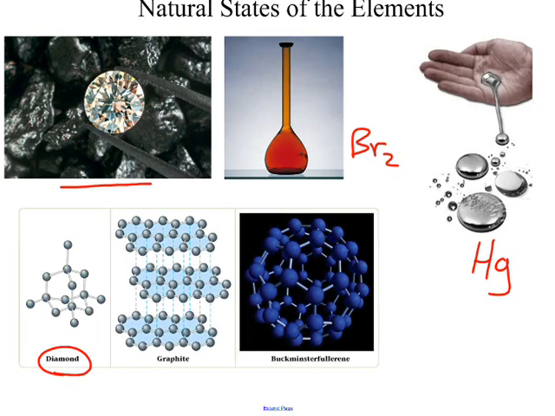Now, that picture there shows the way the atoms of carbon are bonded together to make a diamond. Right next to it, we have a picture of how the atoms are bonded together to make graphite. So again, same type of atoms, carbon atoms, but the way that they're held together creates a substance with very, very different properties.